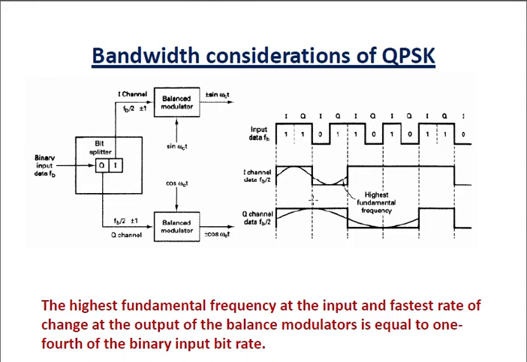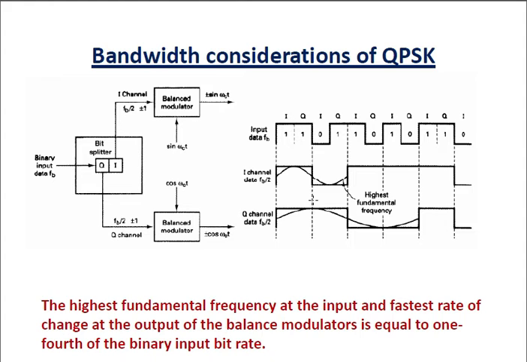Now the bandwidth consideration. For the bandwidth consideration of QPSK, with the help of the figure, the binary input data has a bit frequency fb and is given to the bit splitter, which divides the bits into two parts: an I channel and a Q channel.